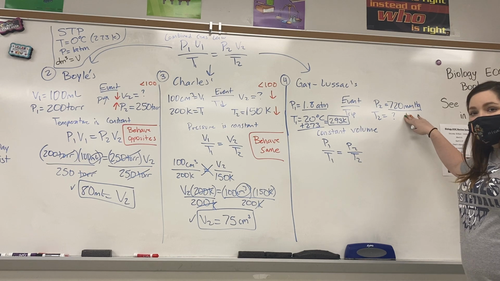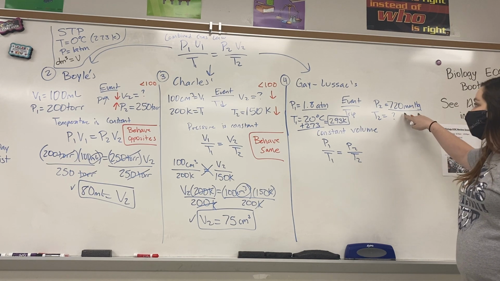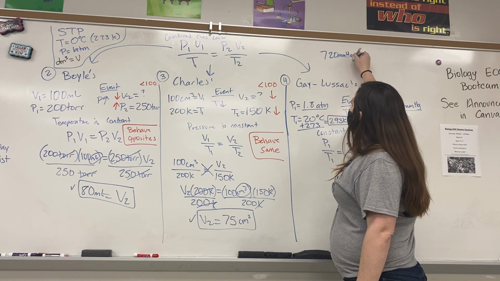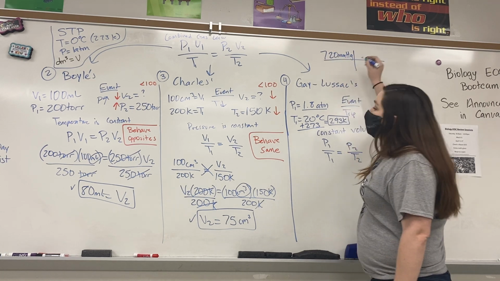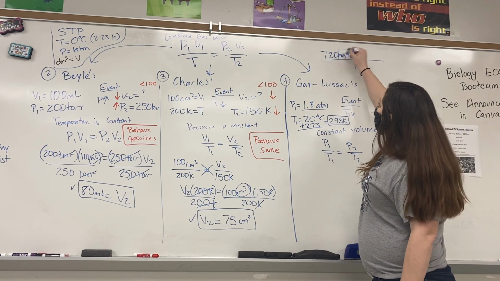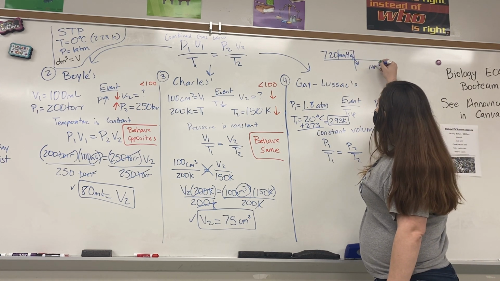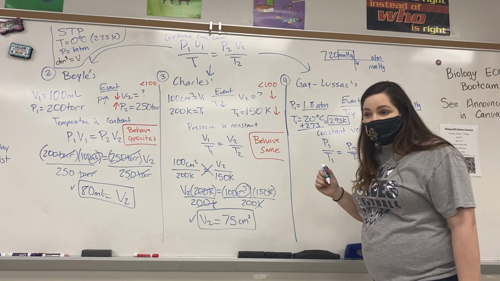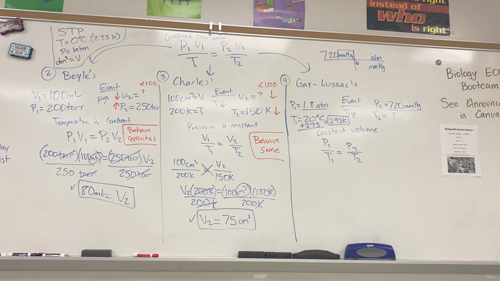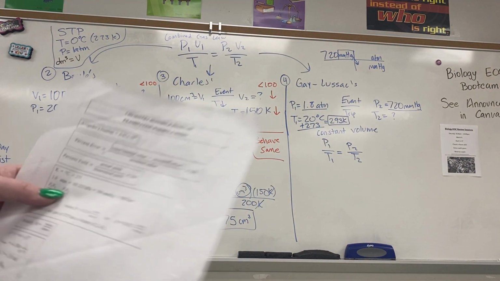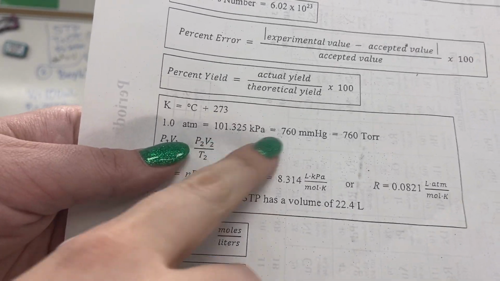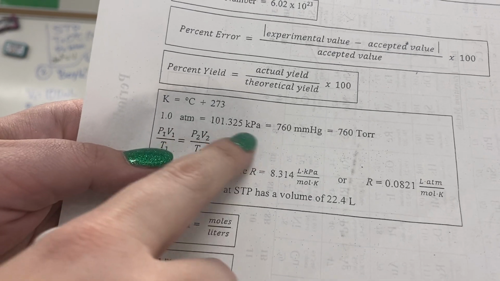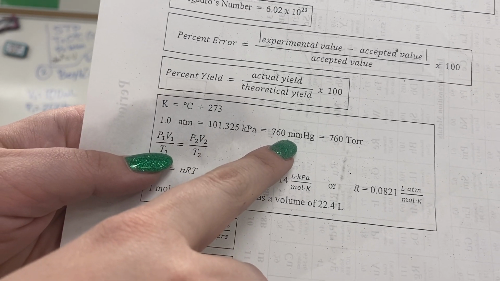So for your quiz, you have to know how to convert things. Start with what you're given, so 720 millimeters of mercury. Do your picket fence. Whatever you want to get rid of goes diagonal, so millimeters of mercury go down here. Whatever you want to be left with goes up there. Now, I'm going to look at my formula sheet, at my units of pressure, and I'm going to see that 1 atm is equal to 760 millimeters of mercury.